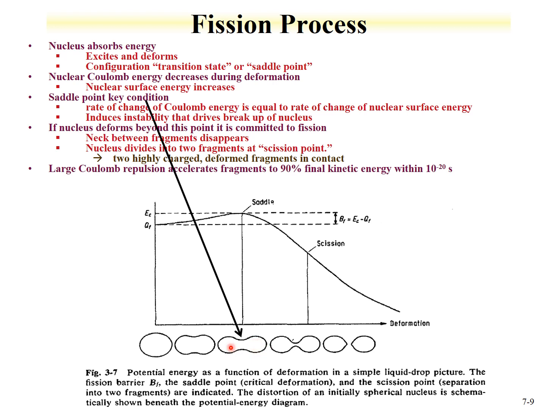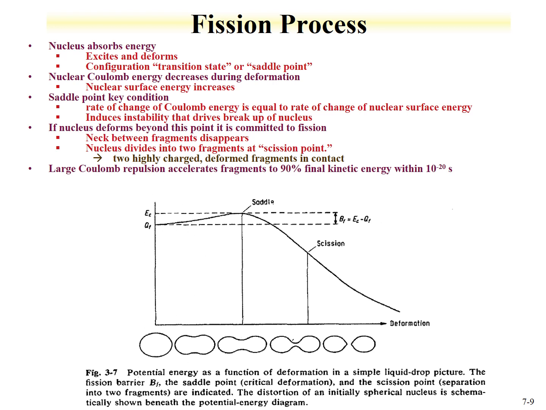Imagine if we have charges, protons build up into the semicircular aspects of this nucleus. That charge eventually overcomes the adhesion due to nucleon-nucleon interactions. This is called the saddle point. And the rate of change of Coulomb energy is equal to the rate of change of nuclear surface energy at this point. And this induces that instability which drives the breakup of the nucleus.